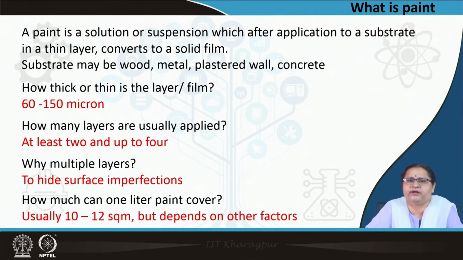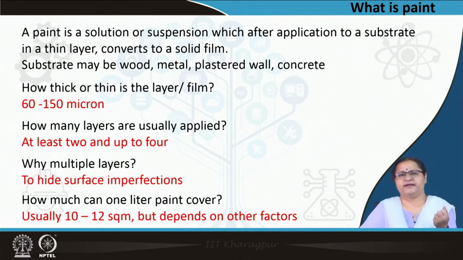Usually 10 to 12 square meters, but it depends on other factors. It has to be of correct consistency. The substrate should be such that it does not absorb the entire thing. We will discuss this in further detail, but usually it is 10 to 12 square meters done by 1 liter of standard paint.